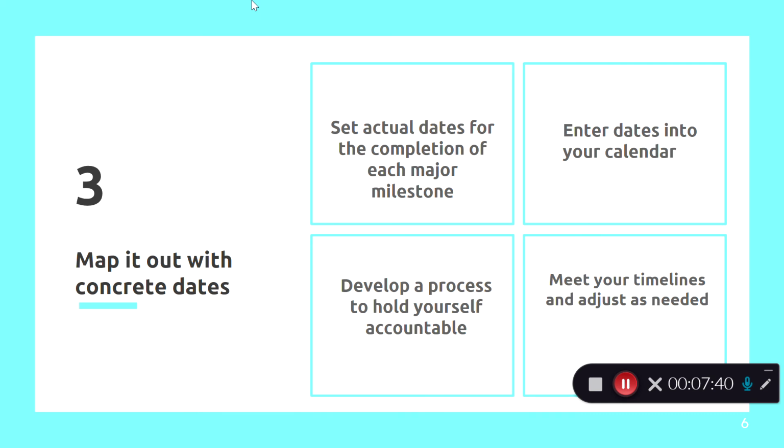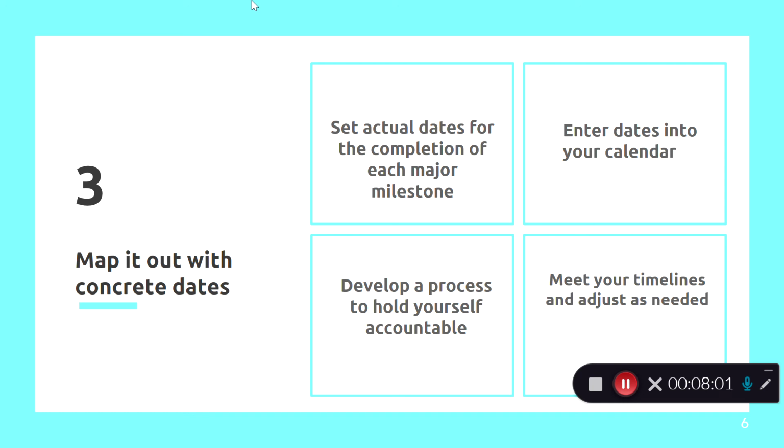And now, the third and last step is to map out with concrete dates. So earlier, you started to create a timeline for yourself. And now you want to attach that timeline to actual dates. Then you want to enter those dates into your personal calendar.